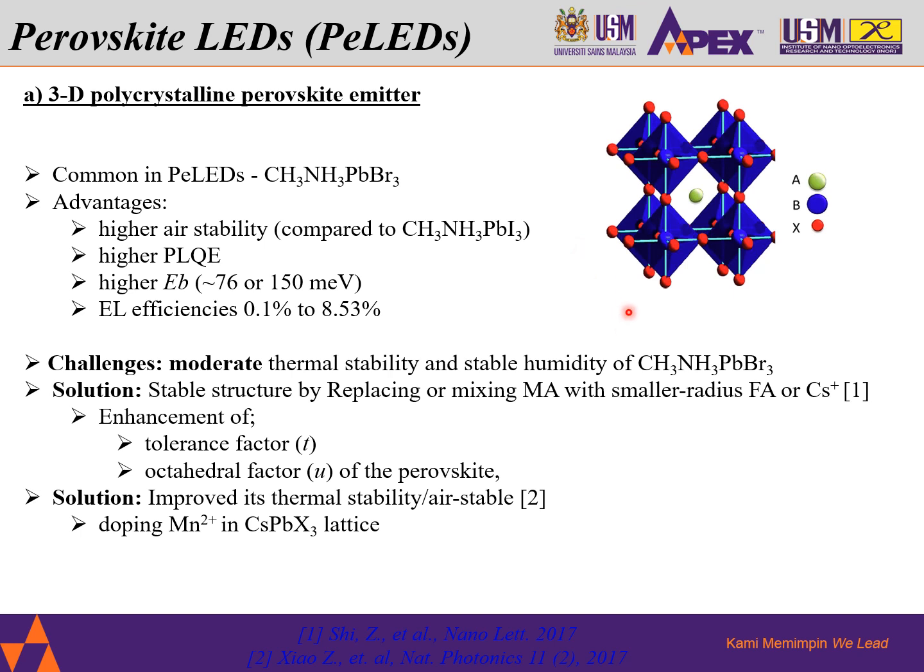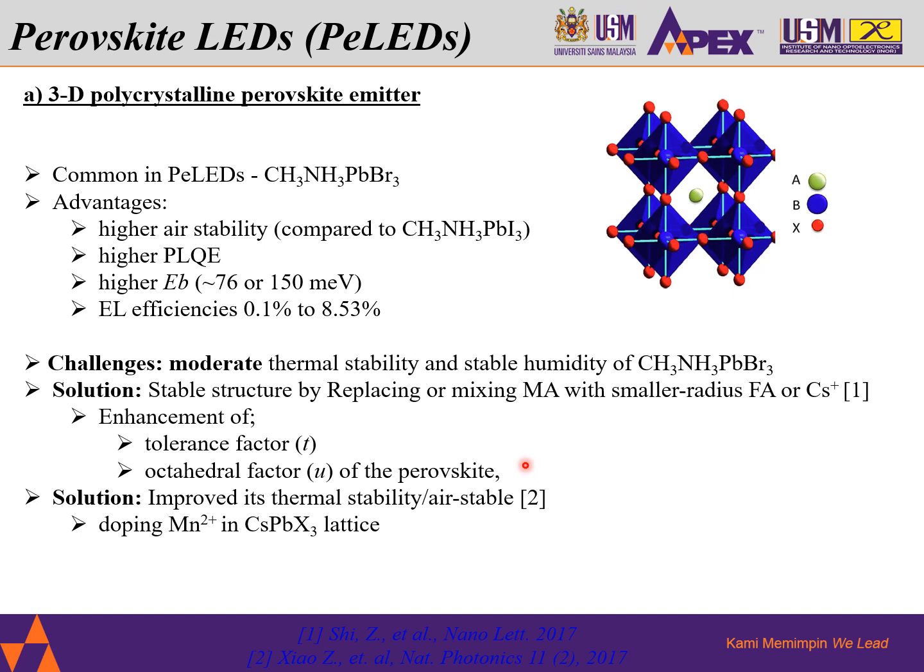The EL efficiencies of CH3NH3PbBr3 PeLEDs were enhanced from 0.1% up to 8.53%. However, for this type of perovskite emitter, the thermal stability and humidity stability of CH3NH3PbBr3 remain quite moderate.